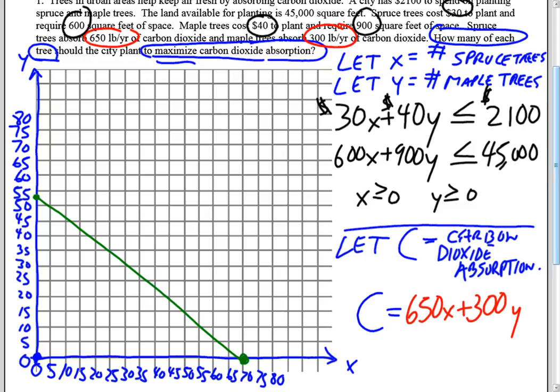And the same is true for 600x, 900y. Because these numbers are very simple, a lot of zeros, it should be easy for me to do the same thing, throw in a couple zeros.